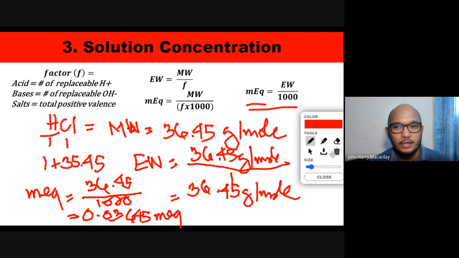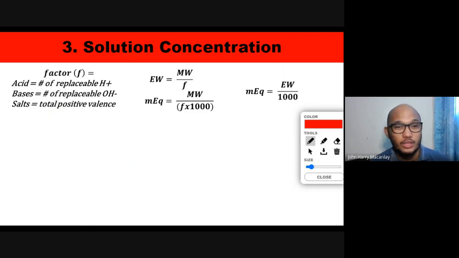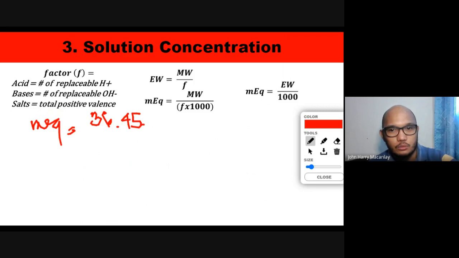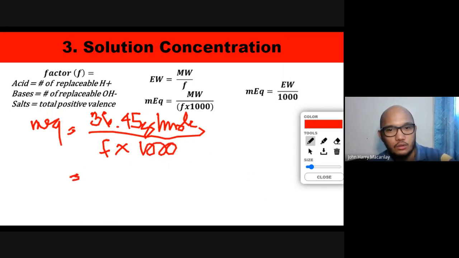Let's use the other formula, this one. So you should get the same answer. So MEQ is equivalent to its molecular weight, grams per mole, divided by factor times 1,000. The factor is 1.